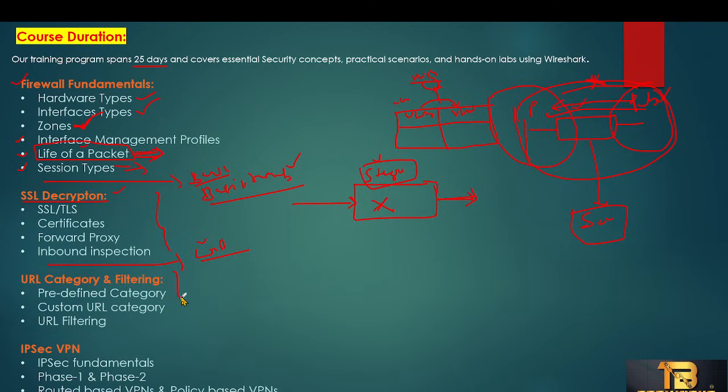And next, we'll be having URL category and filtering. This is where you can allow certain URLs and block certain URLs. Let's suppose you have a company ABC, and you will be having multiple internal applications, or multiple URLs that you have to access your company resources.